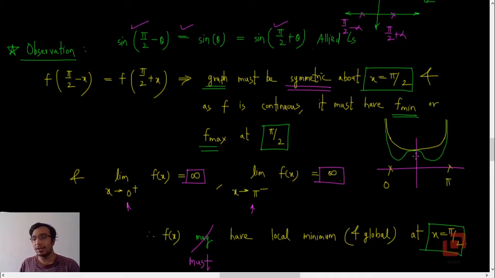Here it has a local maximum, but we know that if you add sine and cosec, you don't get anything in the green color. What you get is the yellow colored graph, which means it has a local and global minimum.